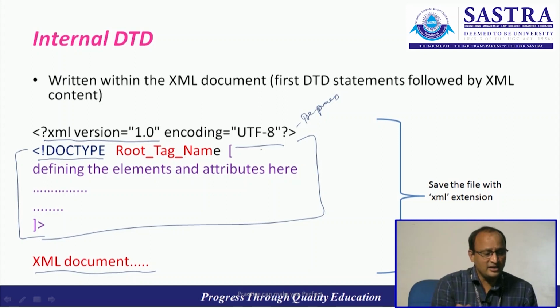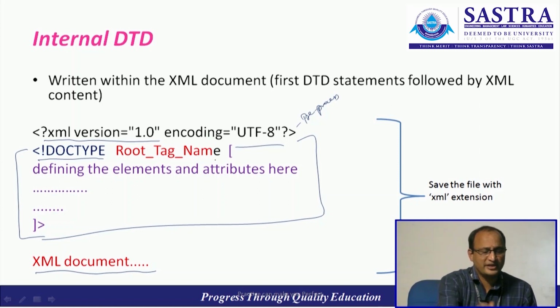Within the DTD, we have to write the rules for the XML document. For example, the internal DTD I have started with angle bracket, exclamation, DOCTYPE, space, root tag name. What is the tag we are going to have in the XML document?